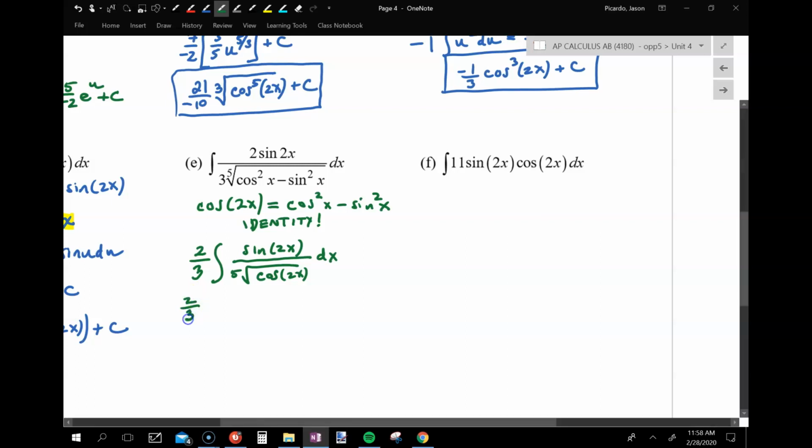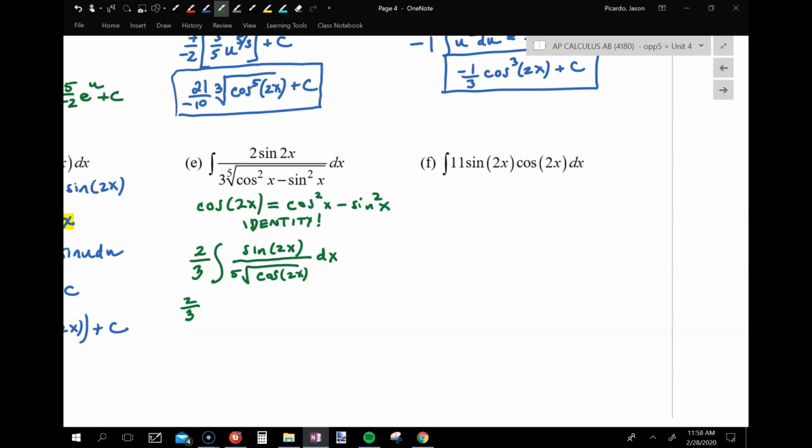What's that? It's just cosine 2x. Isn't it sine of 2x and cos of 2x? Yeah, but why would you need to change? Just keep using the same method. Same method. Don't change your method.